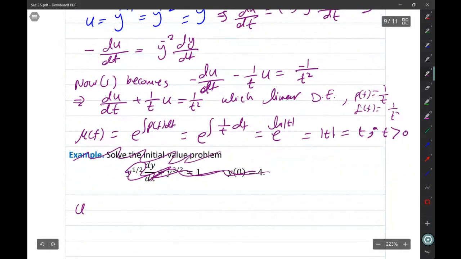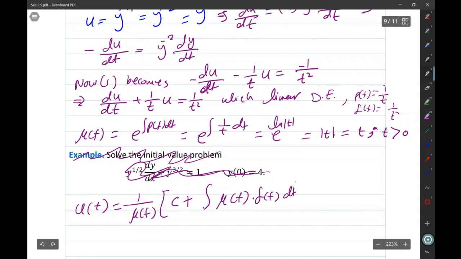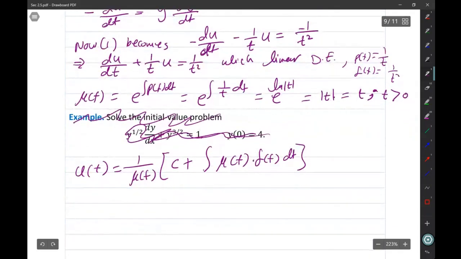Now the solution u of t is equal to 1 by mu of t times c plus integral of mu of t times f of t dt. This is the method of finding the solution for a linear equation. It is 1 by mu of t, which is t, so 1 by t times c plus integral mu of t, which is t, times f of t, which is 1 by t squared.